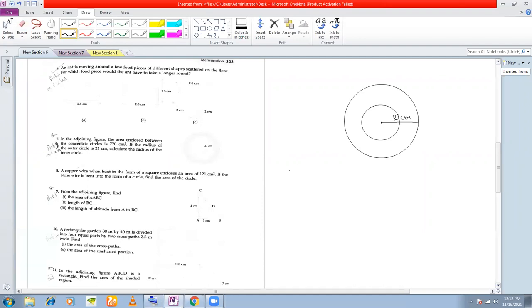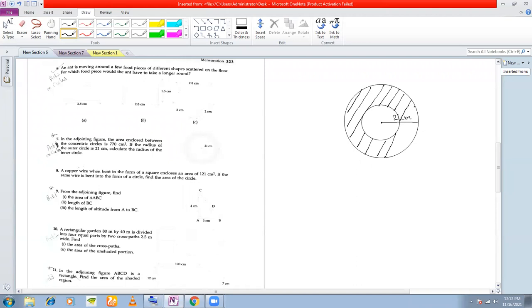Now let's read the problem. In the adjoining figure, the area enclosed between the concentric circles is 770 centimeter square. That means, what is the area between these two concentric circles? This is the area between these two circles.